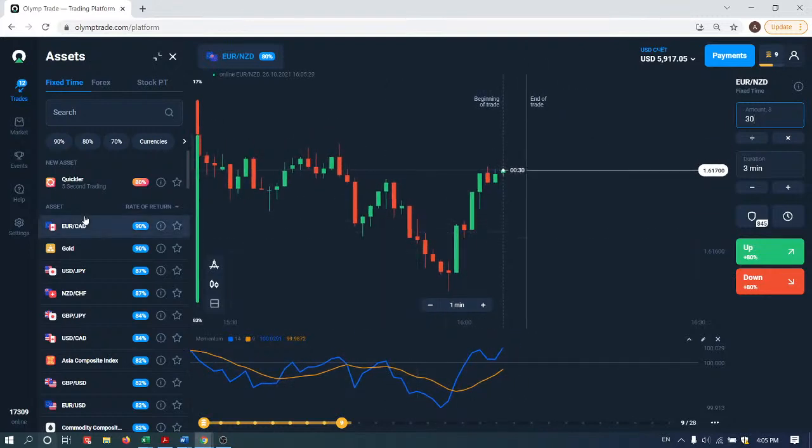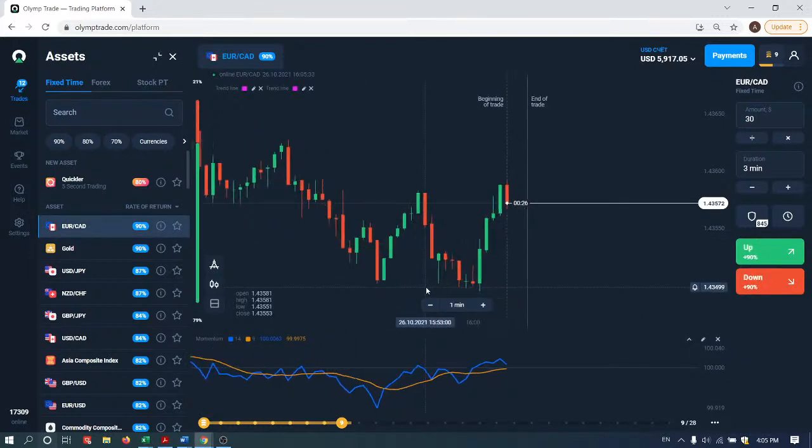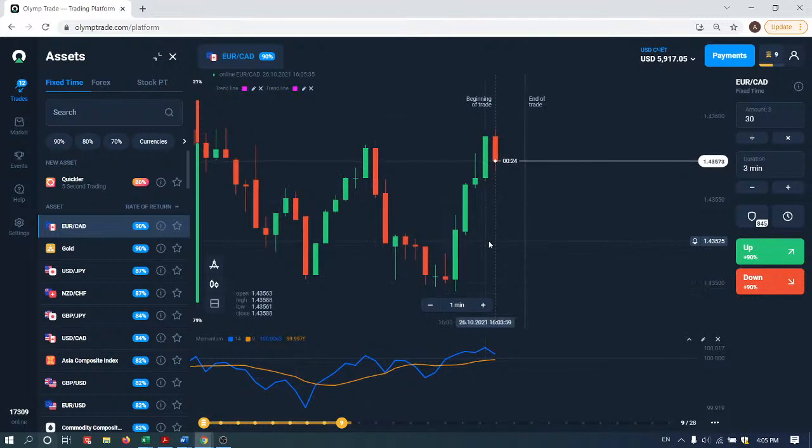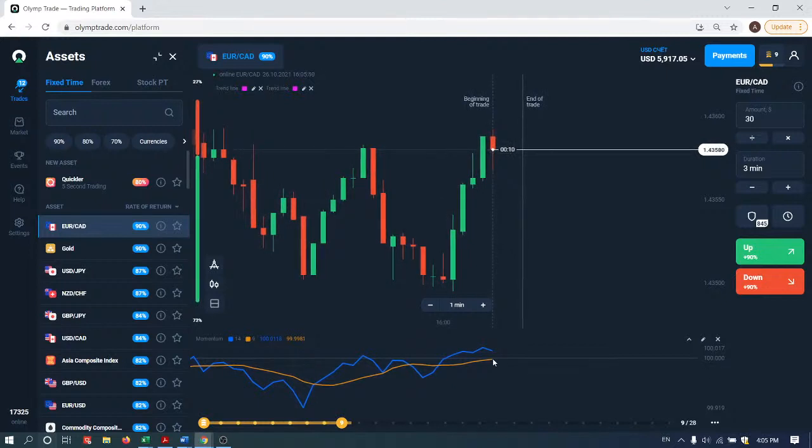All right, guys. So how does this strategy work? This strategy works quite easily. We have this indicator called momentum, and basically there are two setups with this indicator. Setup number one is when this orange line crosses the 100 line. So basically we only have one line in this indicator.